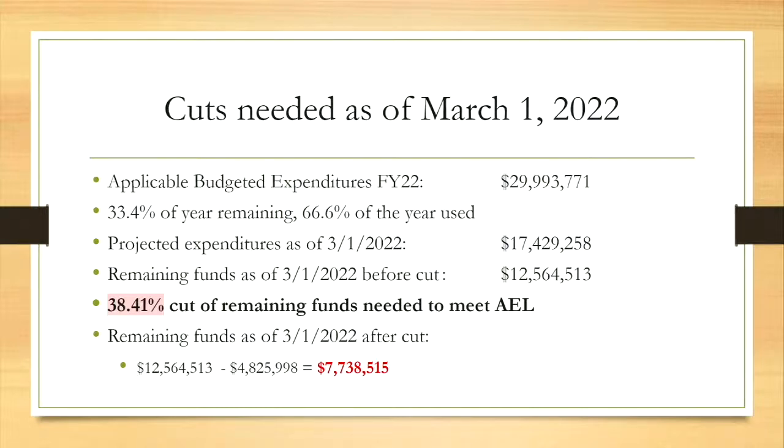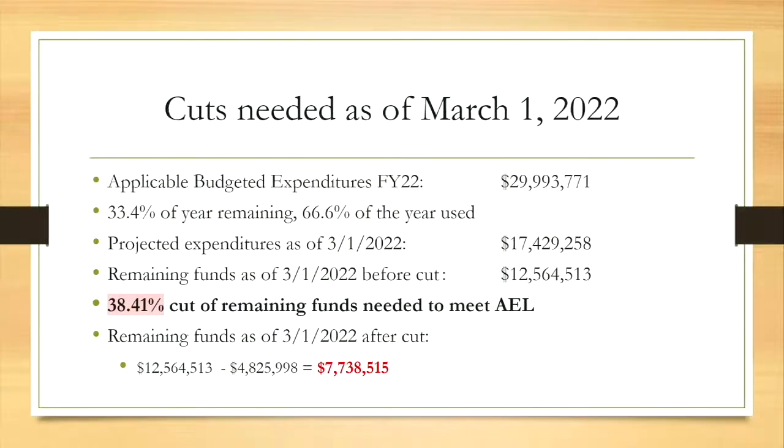We have the money in the bank. We just can't spend 38.4% of it. The math is there: 12.5 spending capacity reduced by 4.8 leaves us with $7.7 million worth of spending that we can do out of M&O, DA, and 301.